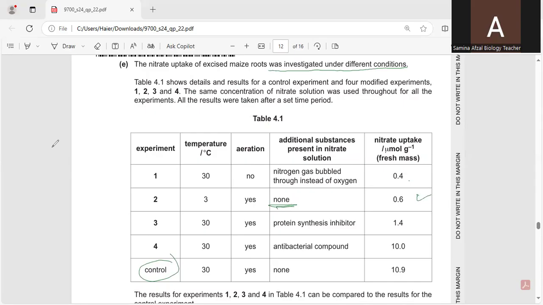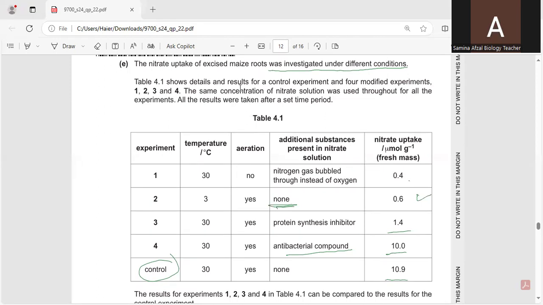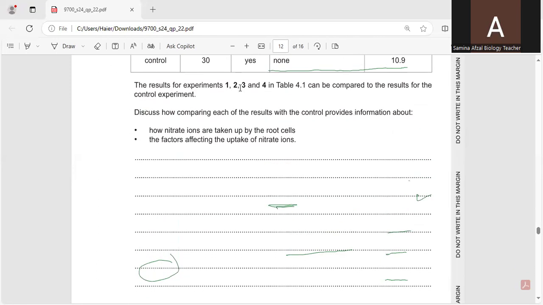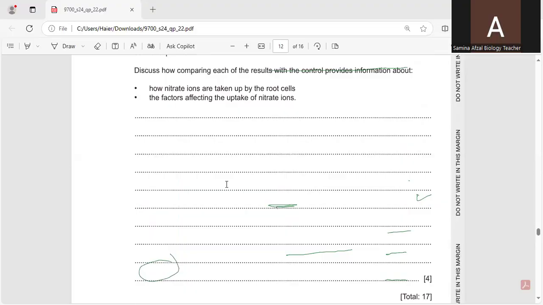A protein synthesis inhibitor was present in experiment number 3, which shows 1.4, and antibacterial compounds were present in the fourth experiment, which shows a low uptake rate, whereas in the control experiment it was 10.9. The highest nitrate uptake per fresh mass was by the control experiment. So in this way we are moving towards the question.